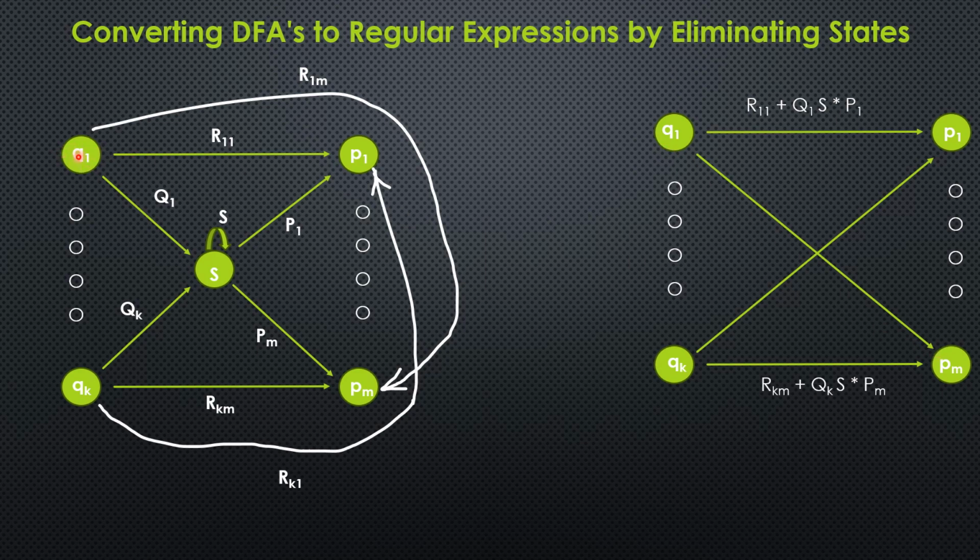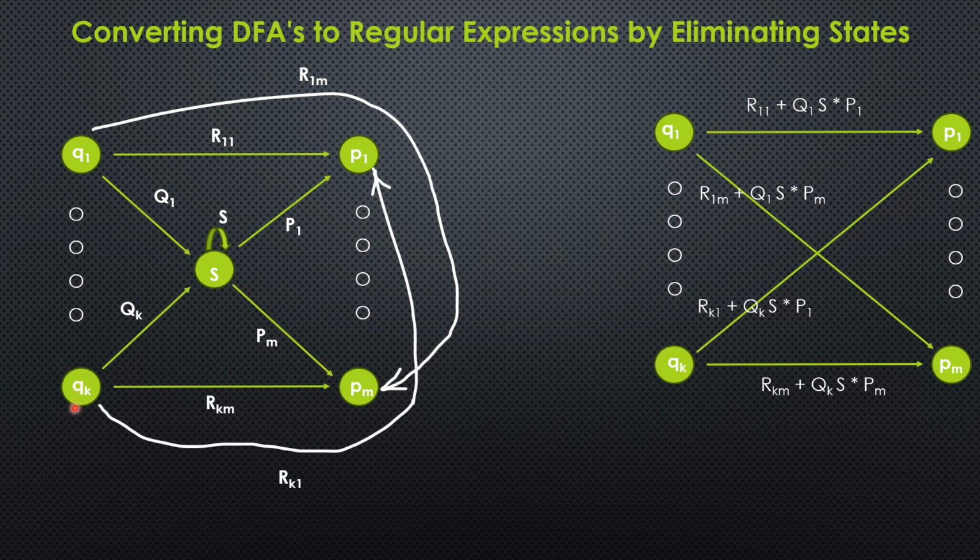For this, I can first transit through this, which is R1M plus Q1 S star PM.